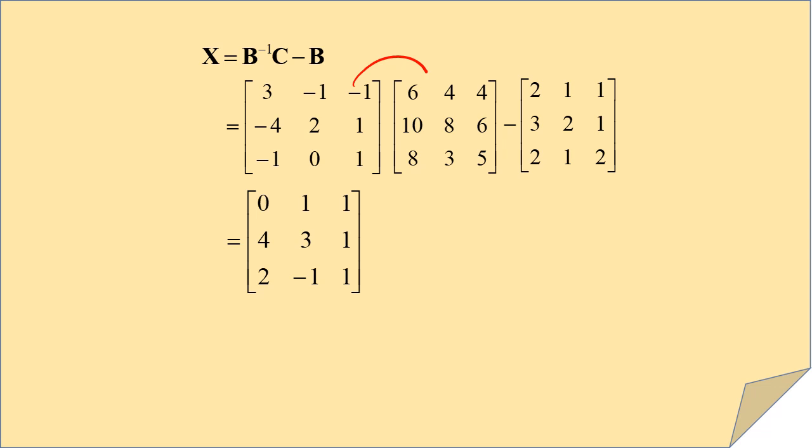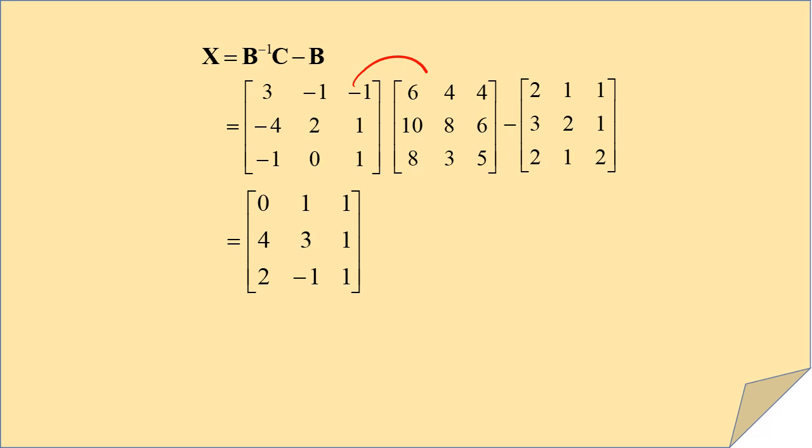And then continue. Negative 24 plus 20, negative 4, and then plus 8 is 4. Negative 16 plus 16, 0 plus 3, 3. And then negative 16 plus 12 is negative 4 plus 5 is 1.